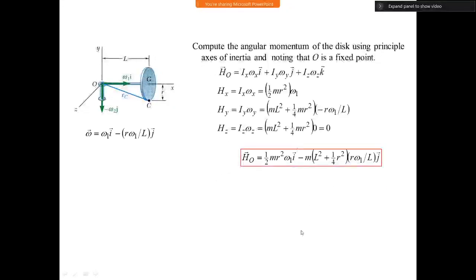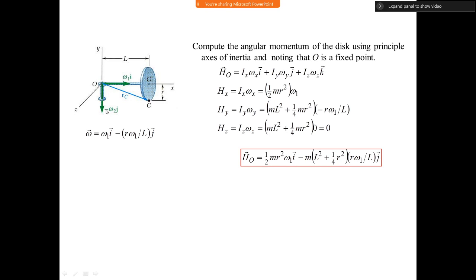So we can write the angular momentum as Ix omega x. So this is the first term. I about x axis is m r square by 2, that is straightforward, into omega 1. Now Hy, the y component of angular momentum, is Iy times omega y.